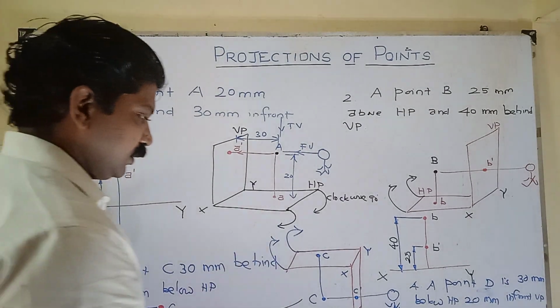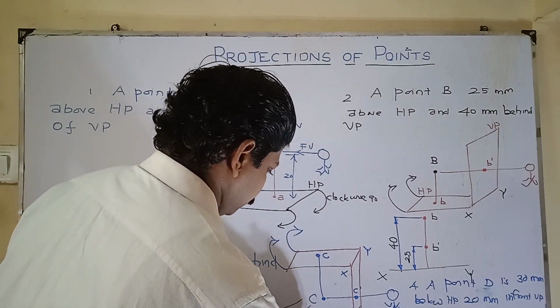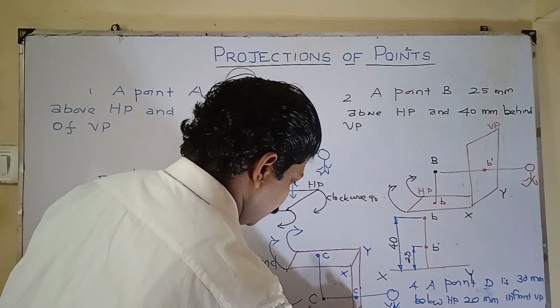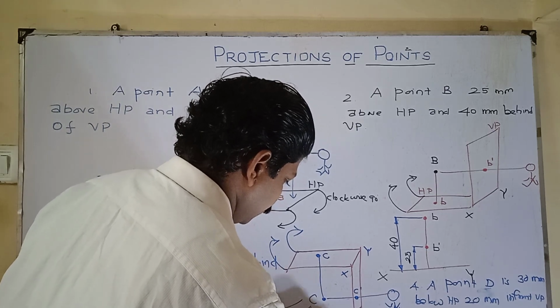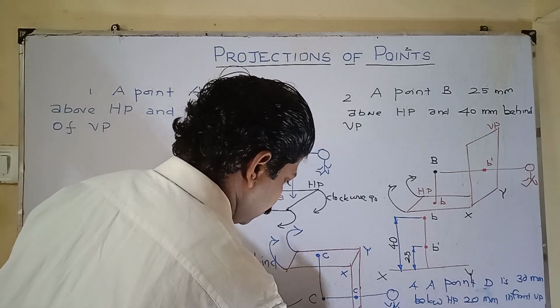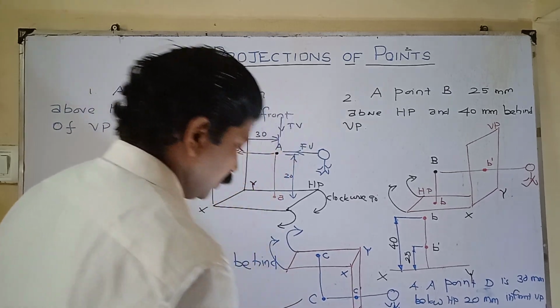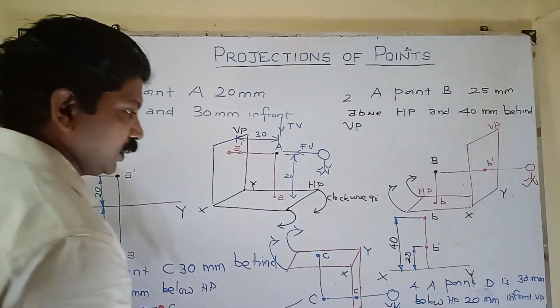So imagine the fourth quadrant. 30 mm below and 20 mm in front of VP.